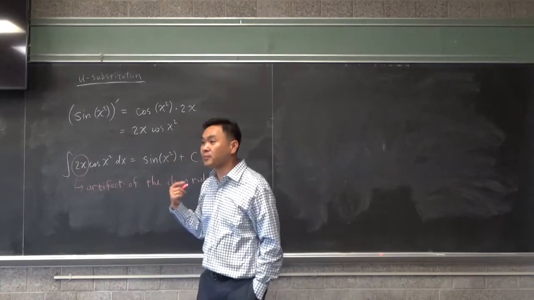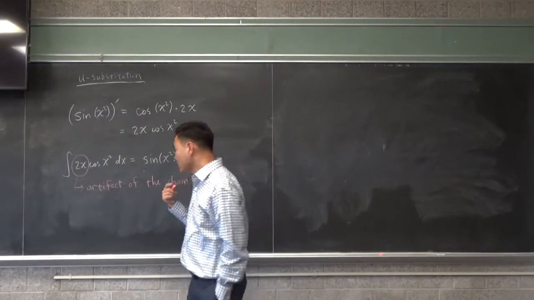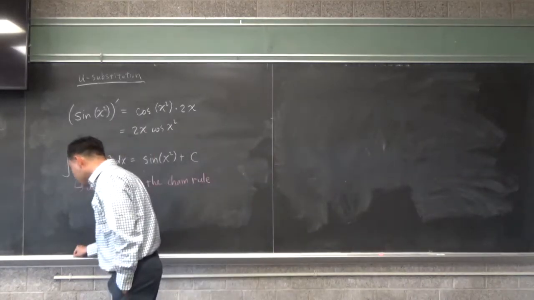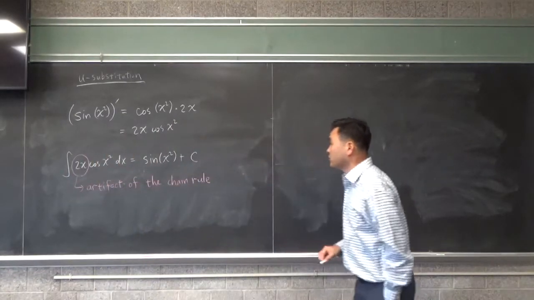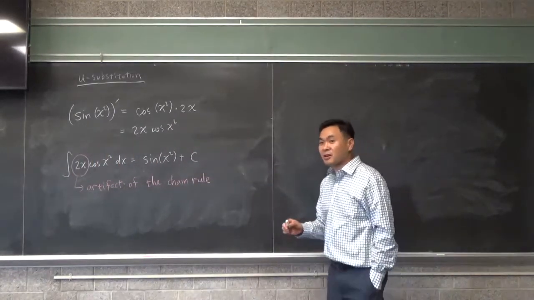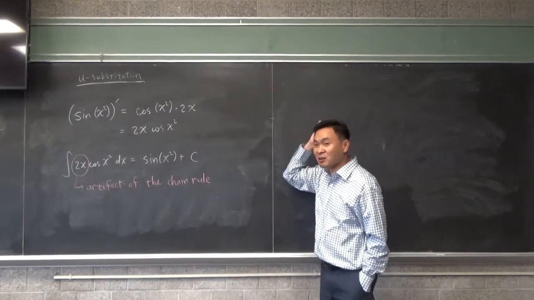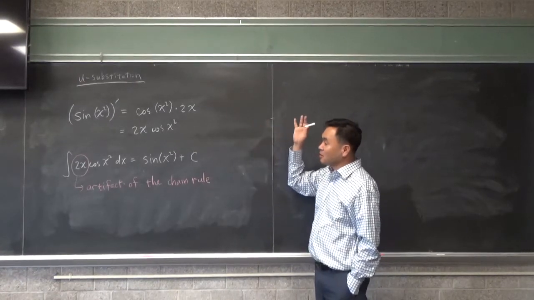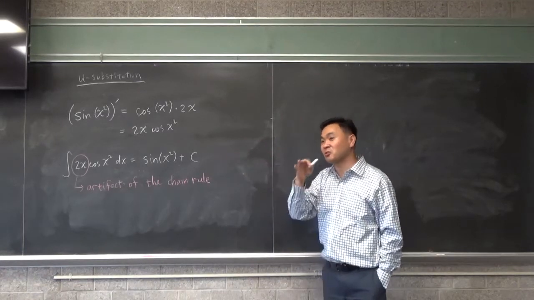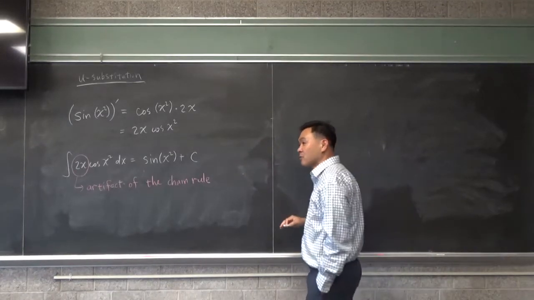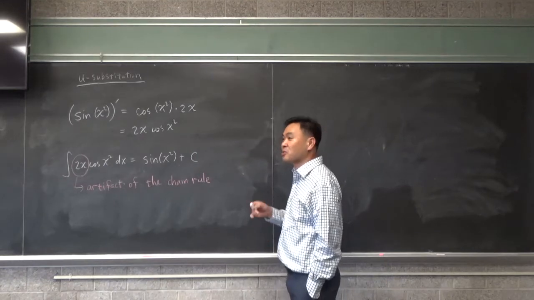That's the idea. Okay? All right, so here's another challenge. Now this time, I am not going to start with the derivative. I'll just write down a problem of integration, but your challenge is to figure out which one is the artifact of the chain rule and guess what the antiderivative is.